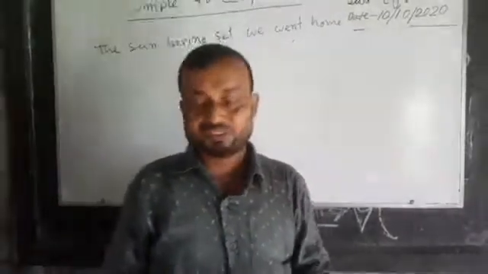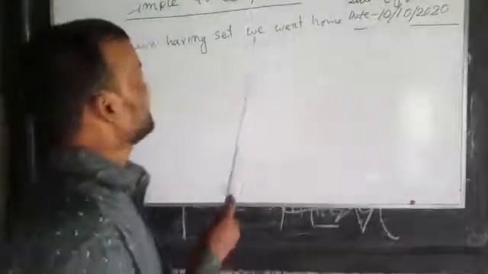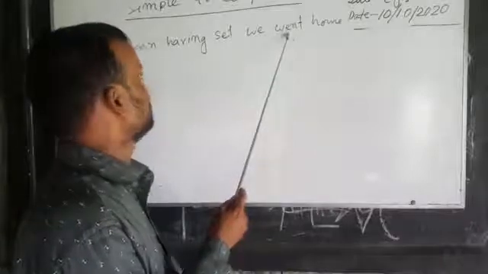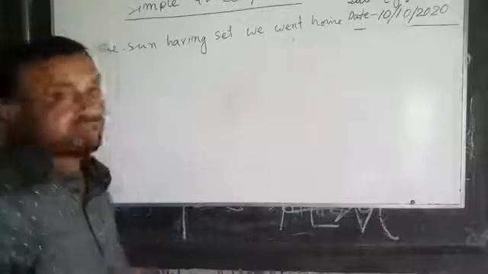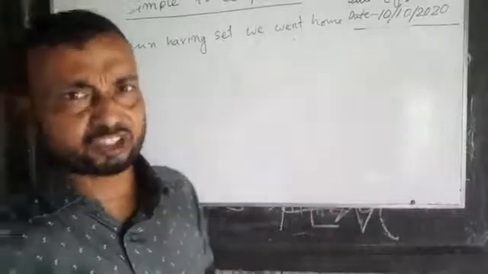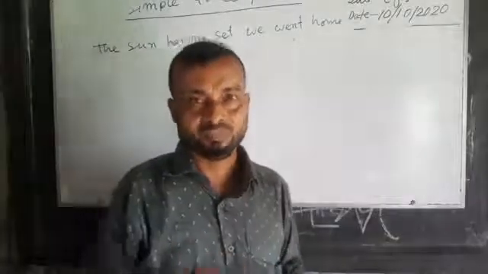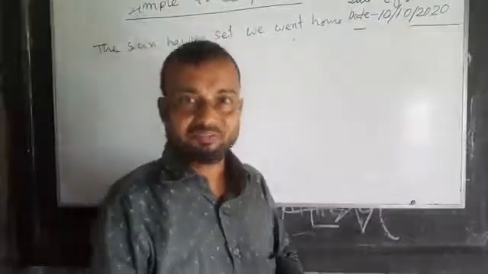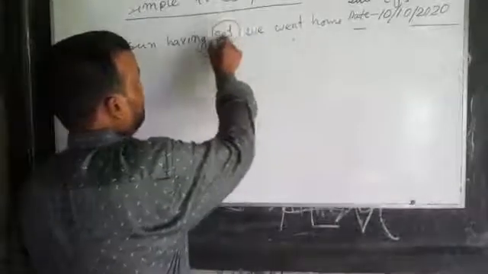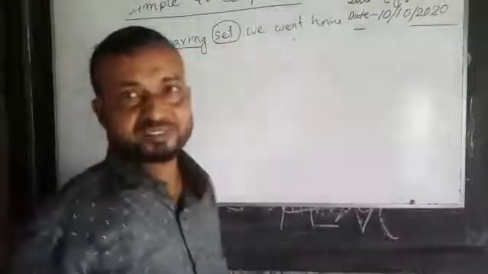My dear students, follow the sentence. Here this is the finite verb went, and here is a non-finite verb, having. When we get having before the past participle form of verb, then we call it a perfect participle. This is a past participle form of verb and this is having. So this is a perfect participle.